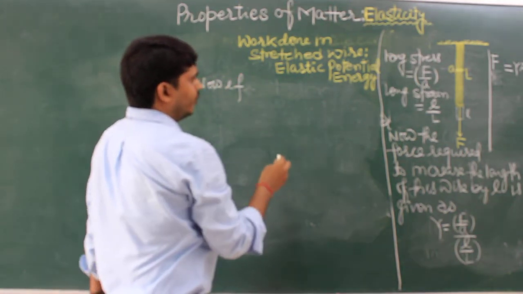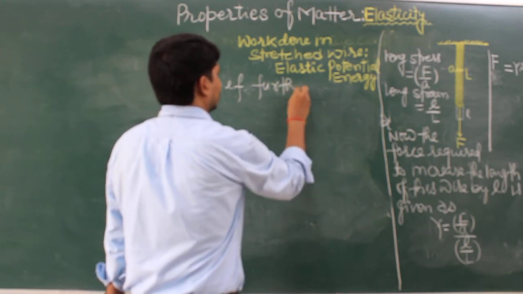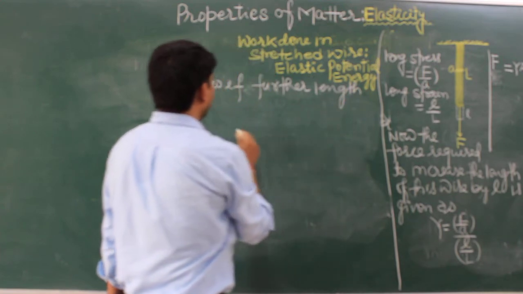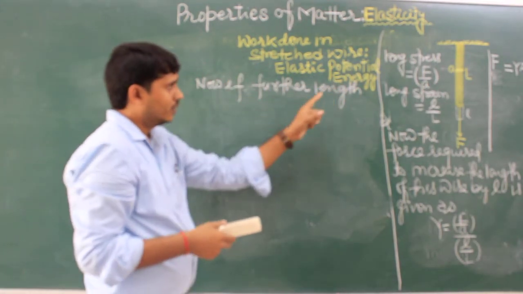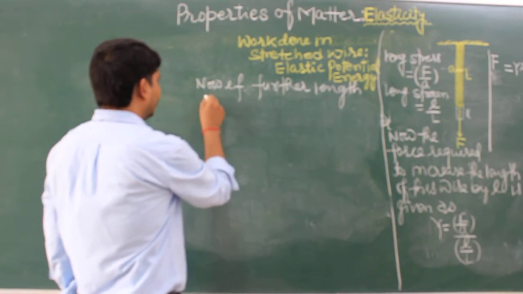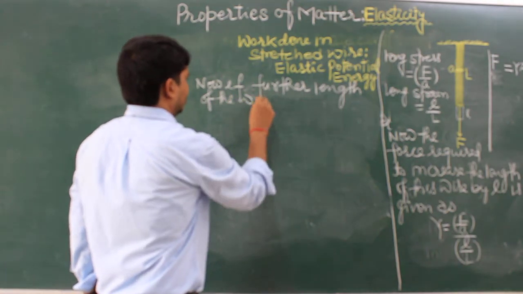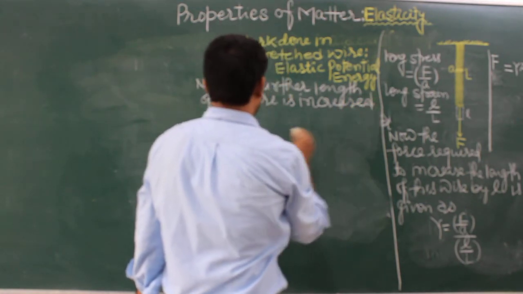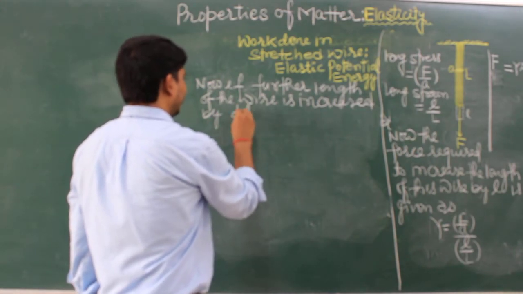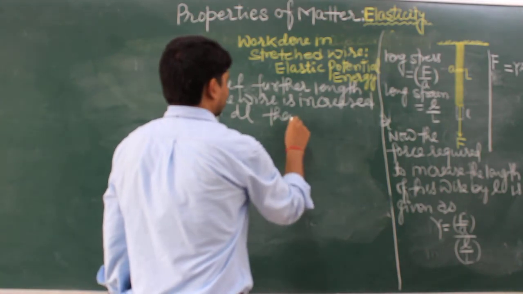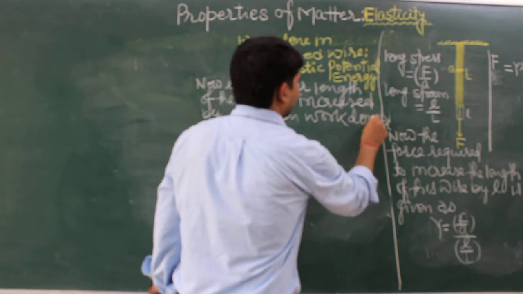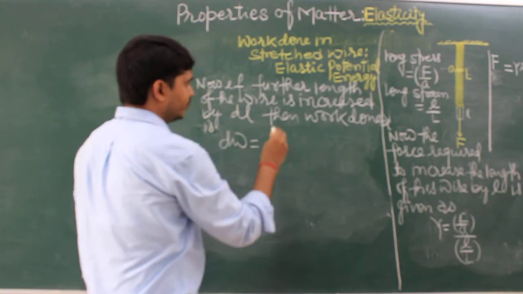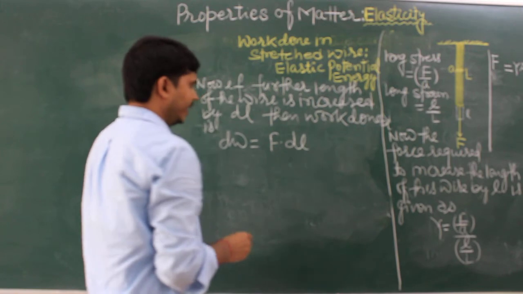If further the length of the wire is increased by dl, then work done is dW equals F dl.